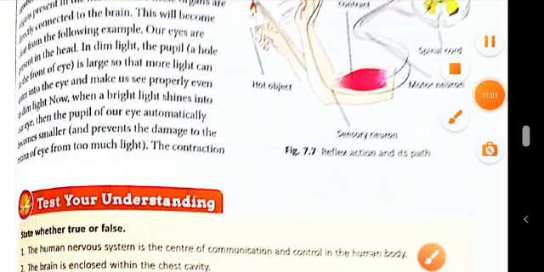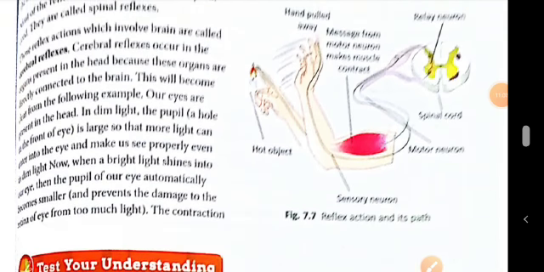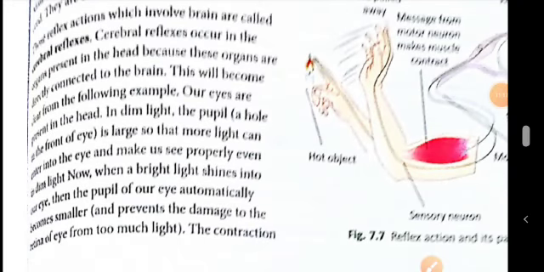Now this topic is completed, and you know that there are various examples of reflex action. In dim light, there is a pupil in your eye, and that pupil is large.